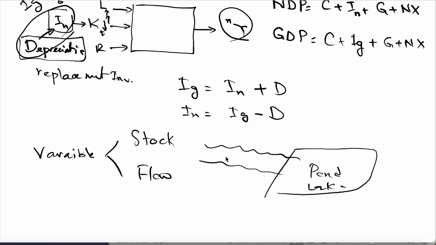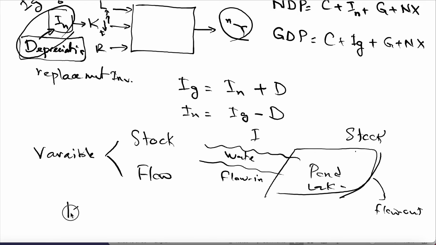So this is water flowing in, and this is a dam, which is then the flow out. So investment is a flow variable, whereas the magnitude of the water here is the stock variable.